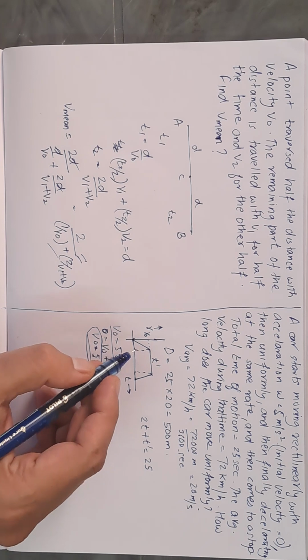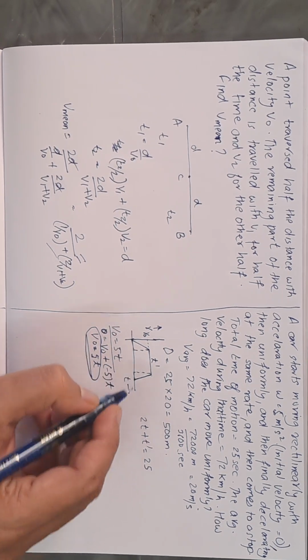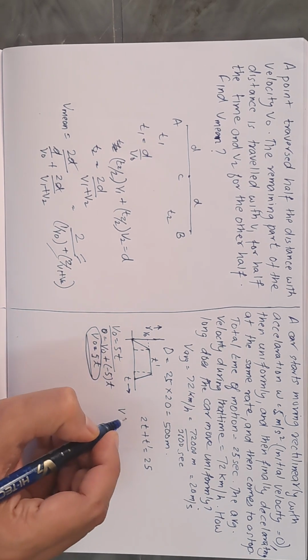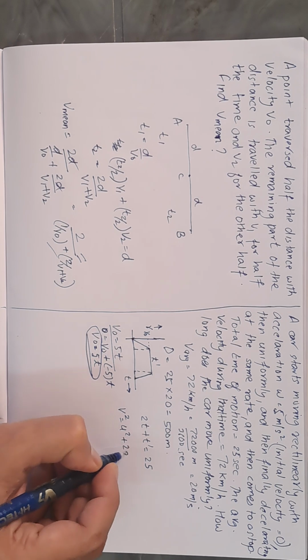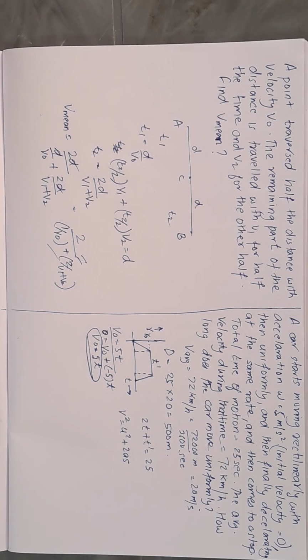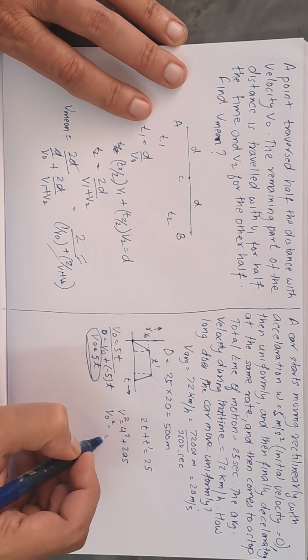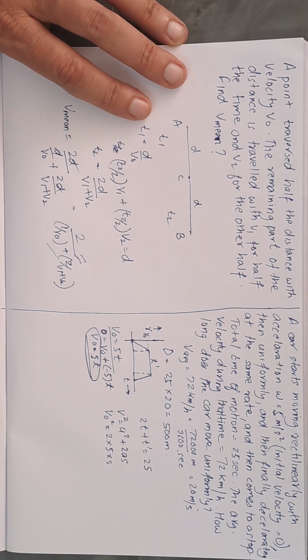Now let us apply another equation to this part. Say the first part, if I apply another equation, v square is equal to u square plus 2as, what will I get? v naught square is equal to 2 into 5 into s.